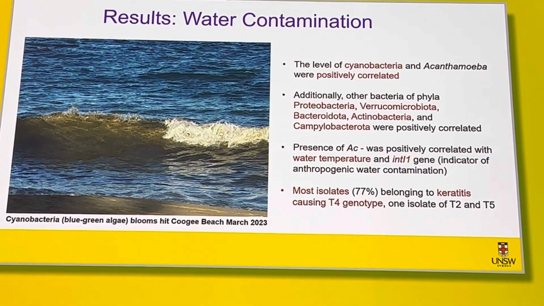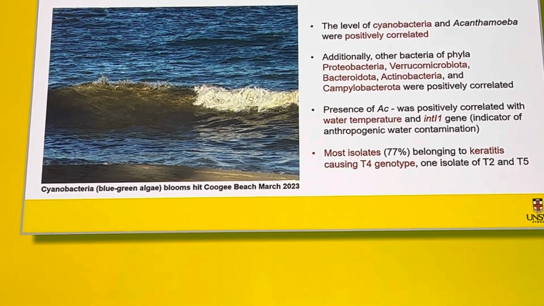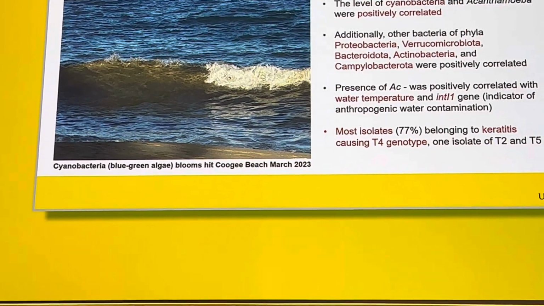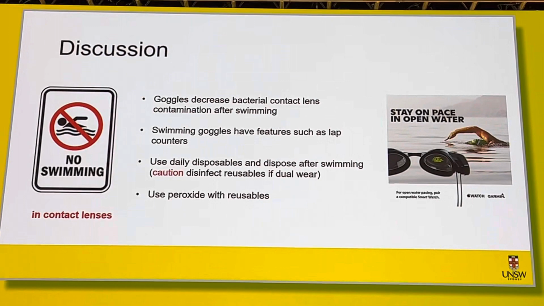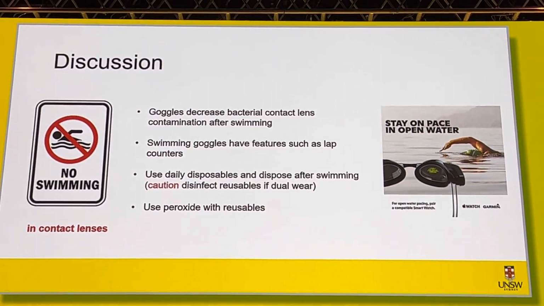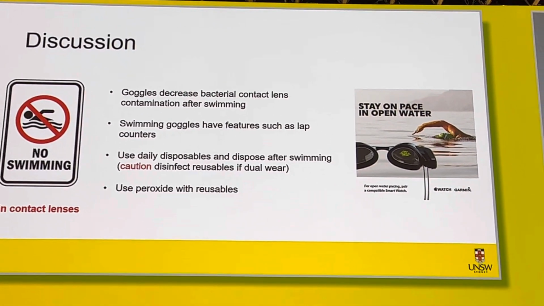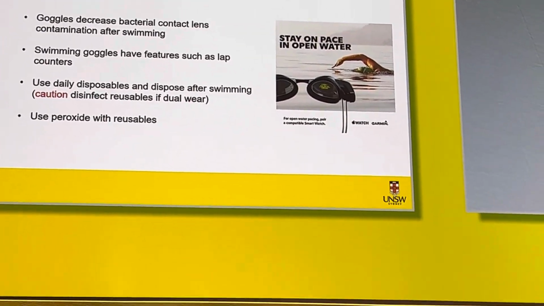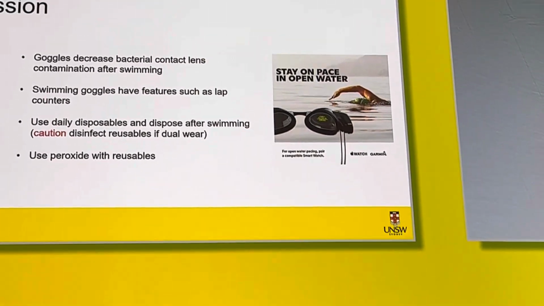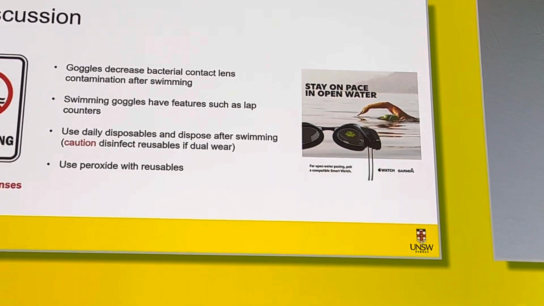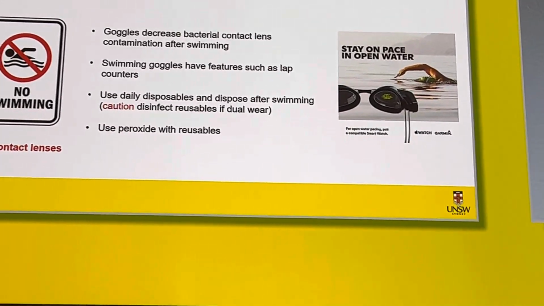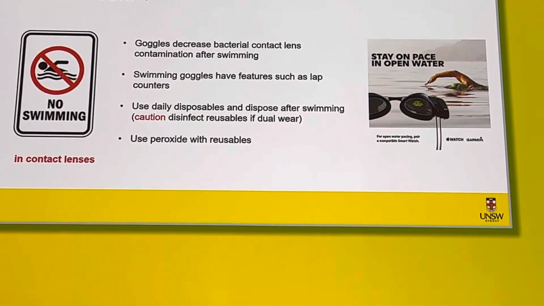Most of the isolates that we found were the T4 genotype, which is the one that is most prominent in Acanthamoeba keratitis. So it's important that we let contact lens wearers know that swimming is a risk factor for Acanthamoeba and indeed for other infections, bacterial infections.